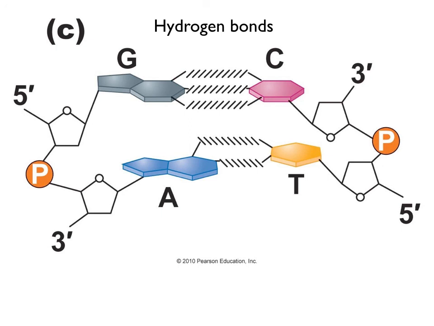Okay, so this is the foundational information that I need you to know from chapter 9, before we move on to understanding how DNA is made and how it's used.